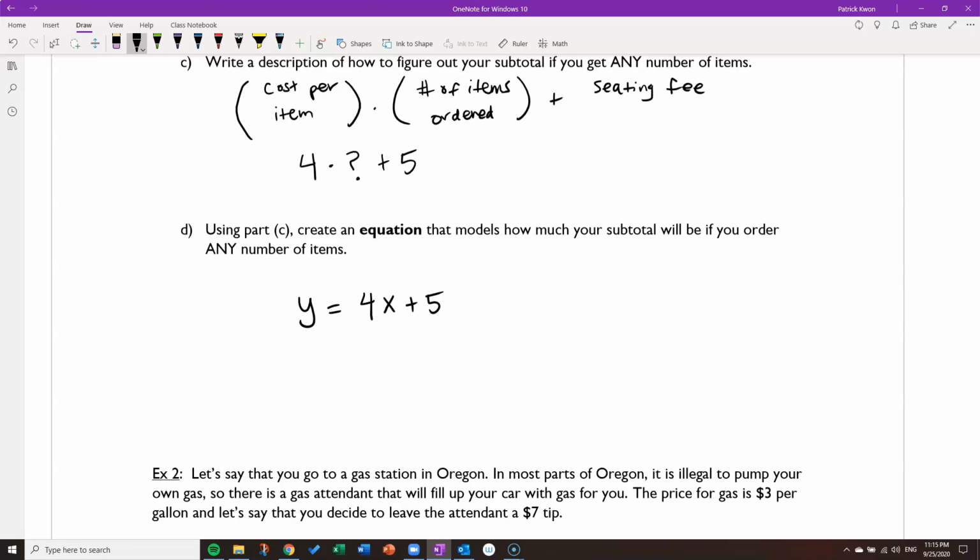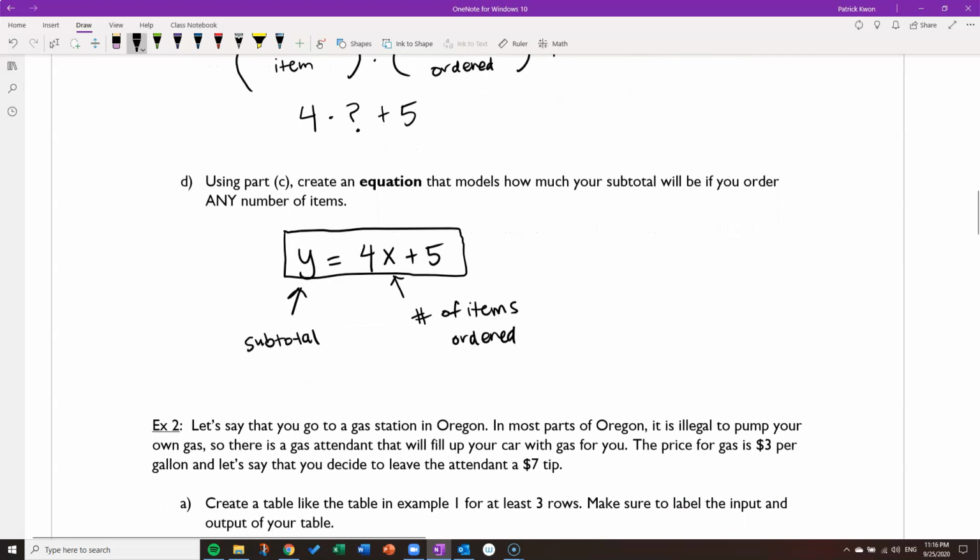So this is the equation that we have, and again I'll kind of label these. y is our subtotal, and x represents the number of items ordered. So that completes this first example. Here is our equation.